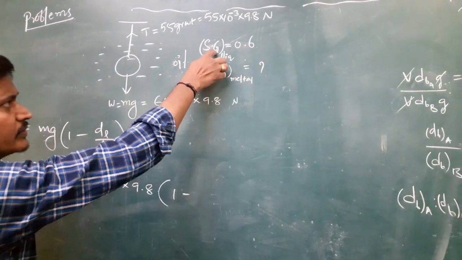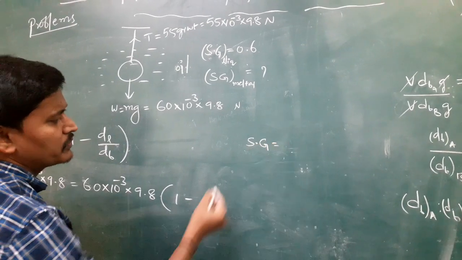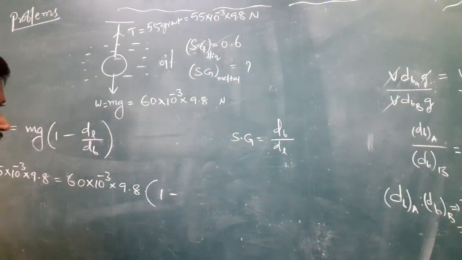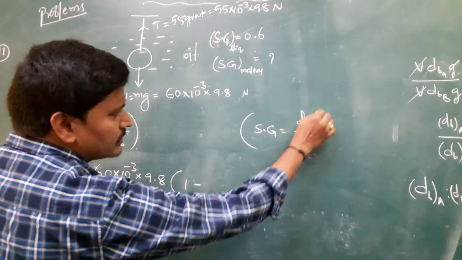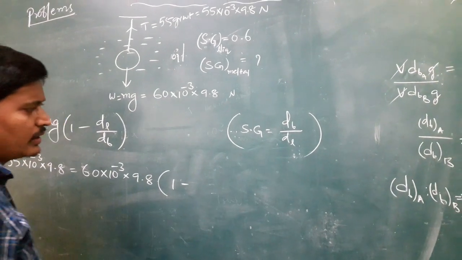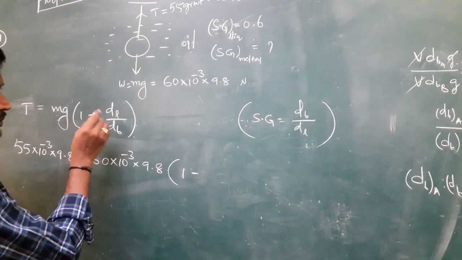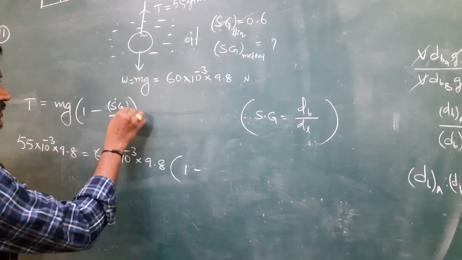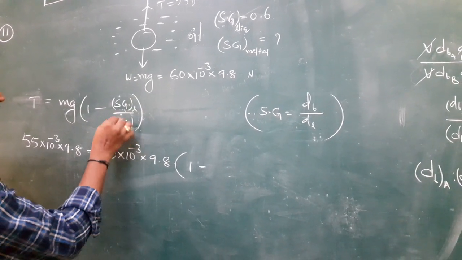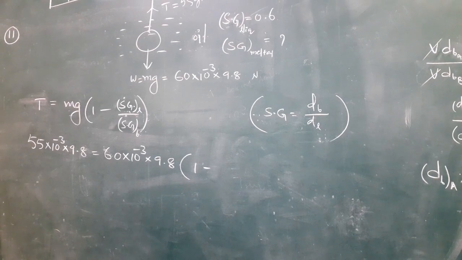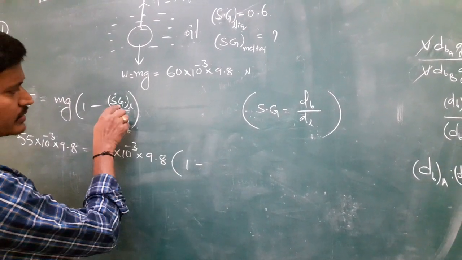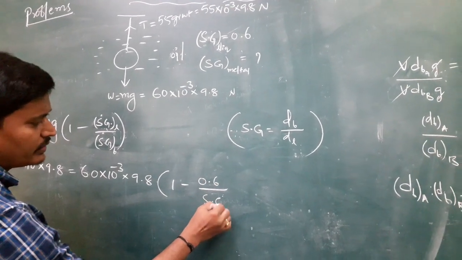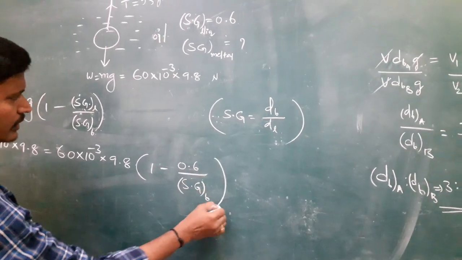From this relation, specific gravity is equal to the density of the body divided by the density of water at 4 degrees centigrade. In another form, it is the specific gravity of the liquid divided by the specific gravity of the body. Therefore 1 minus the specific gravity of the liquid, that is 0.6, divided by the specific gravity of the metal sphere.